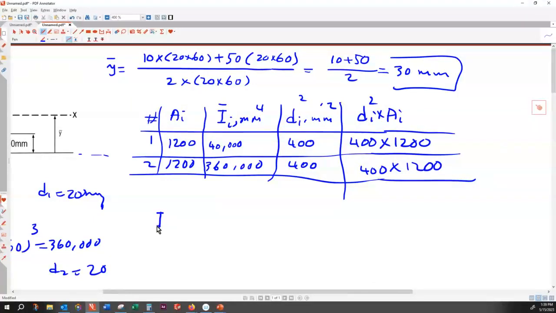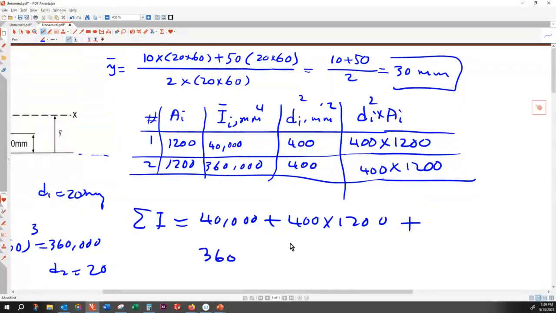Total I is 40,000 from the table, plus the penalty, for the first shape. For the second shape, that is 360,000 plus the penalty, which is the same.